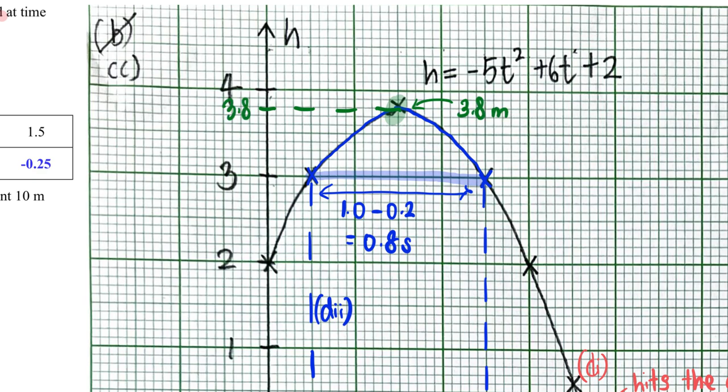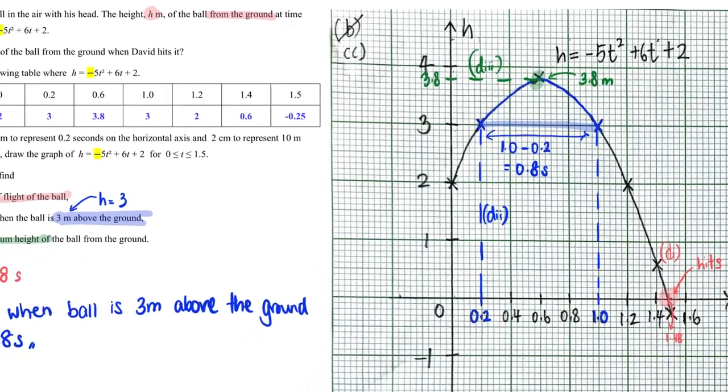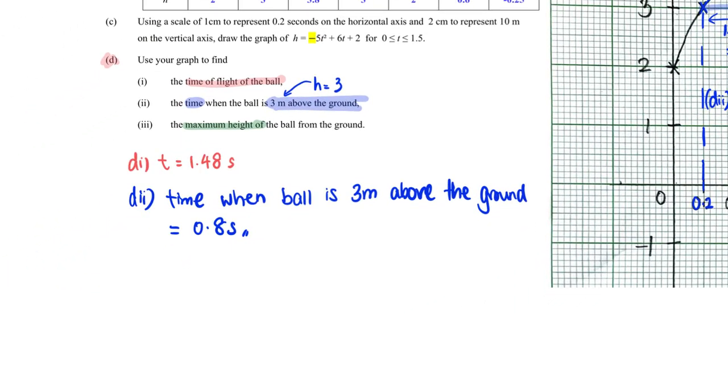Alright, so this will be the working for D part 3. And with that, I'm going to just finish off D part 3, maximum height, 3.8 meters.